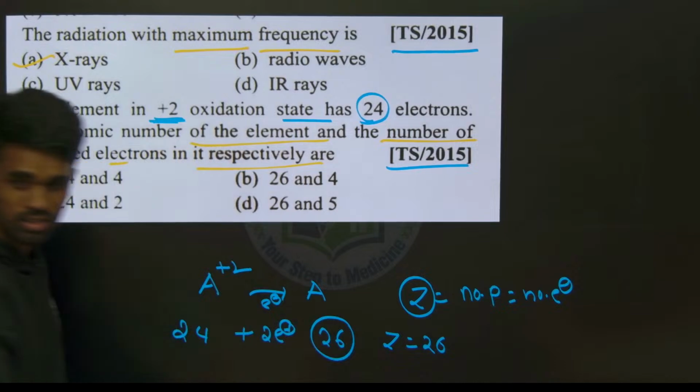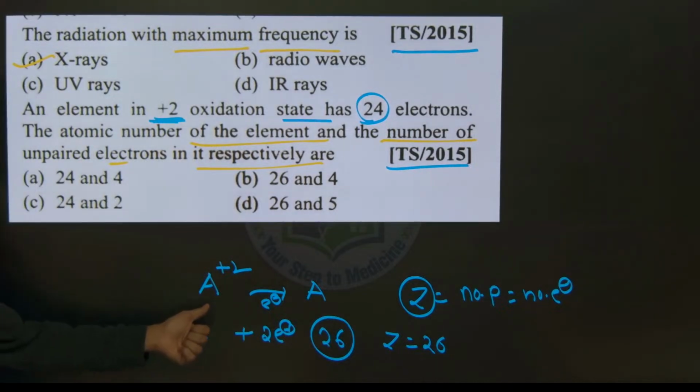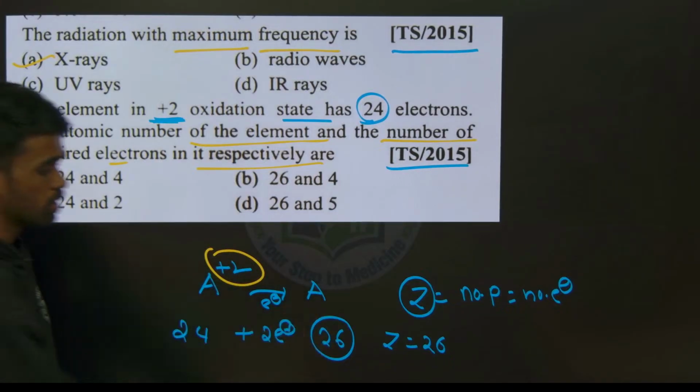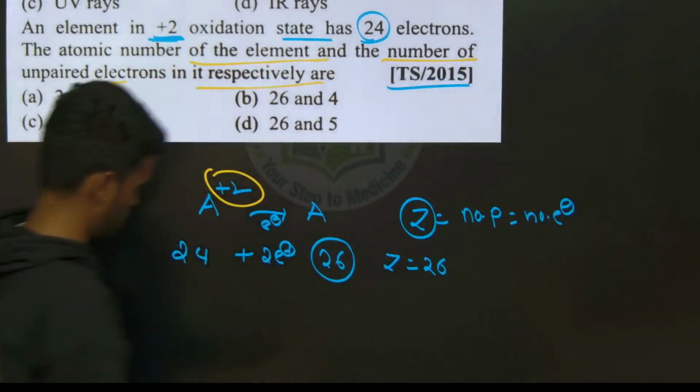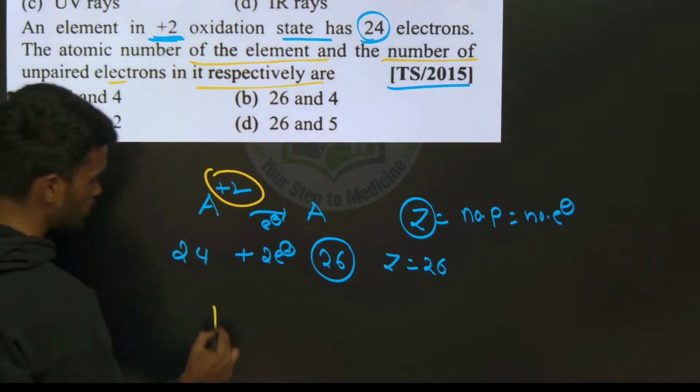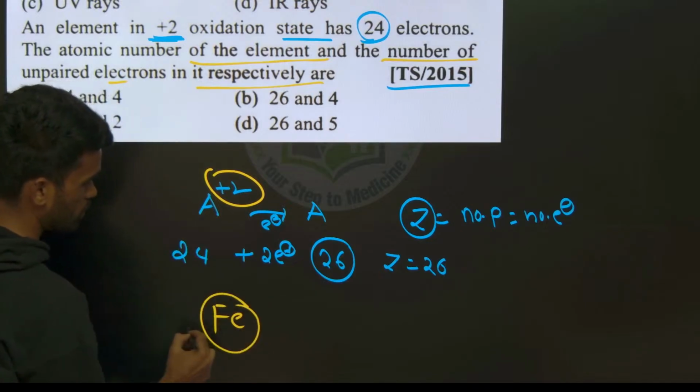Is this clear or not? In the dipositive cation, in the atomic state it should be 26. Now what is the element with atomic number 26? Iron, Fe.